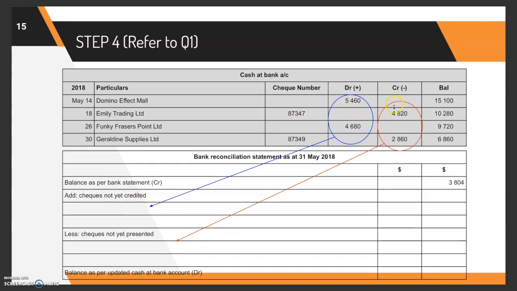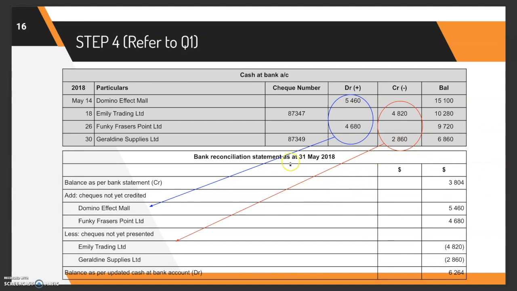Then we will take the 2 checks that were issued but not yet cleared by the bank. We will call it checks not yet presented, and we are supposed to add those that we have received and to minus those that we have issued out. So with that, we will be able to get our answer.